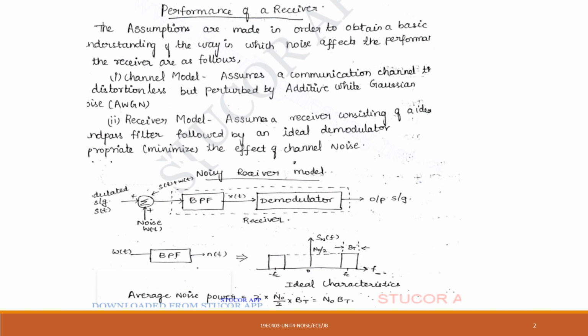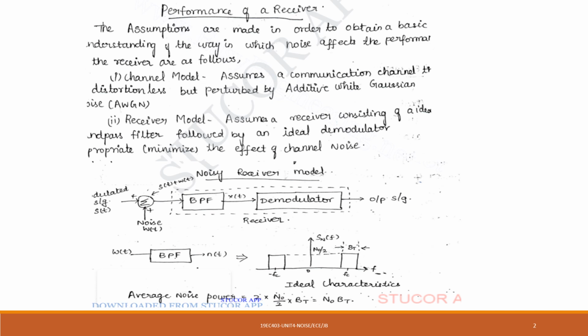Yes. So whenever we talk about noise, we need to care about two different parameters. One is the channel performance, the other one is the receiver performance. As you design the channel, we assume that the communication channel of any system is noise free, or it should be distortionless.